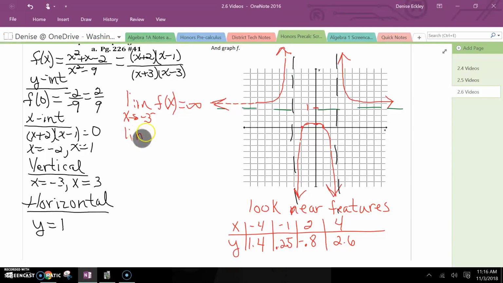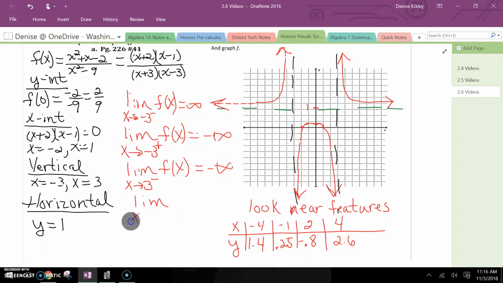Then the limit as x approaches -3 from the right, we see that it's headed towards negative infinity. Then we have the one on the other side, the limit as x approaches +3 from the left. If you see, we're headed back down to negative infinity.